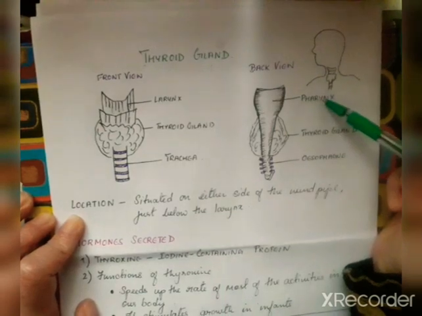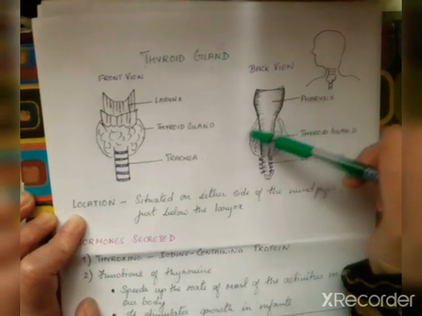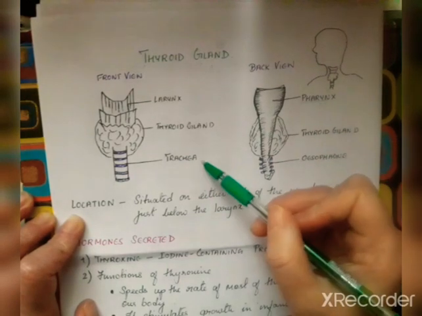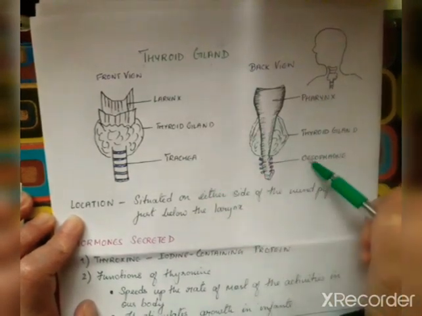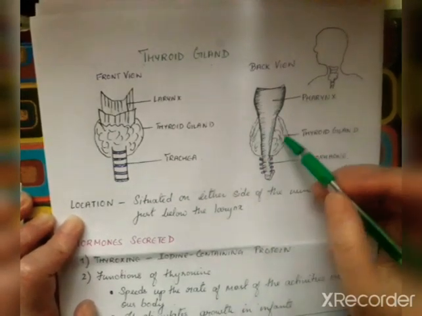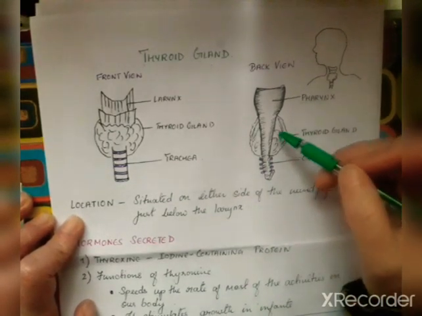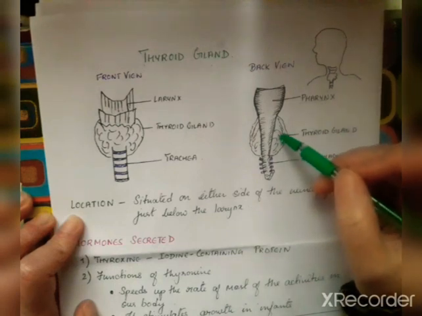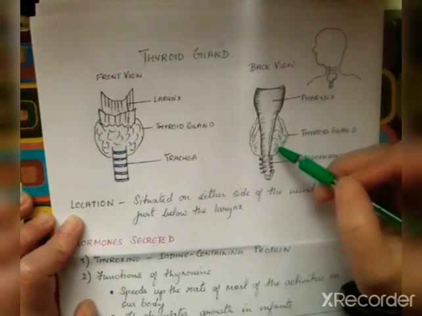So it's a common passage which bifurcates into these two tubes, the trachea and the esophagus, windpipe and food pipe. So this is the location of the thyroid gland. From the back view, it looks like this.